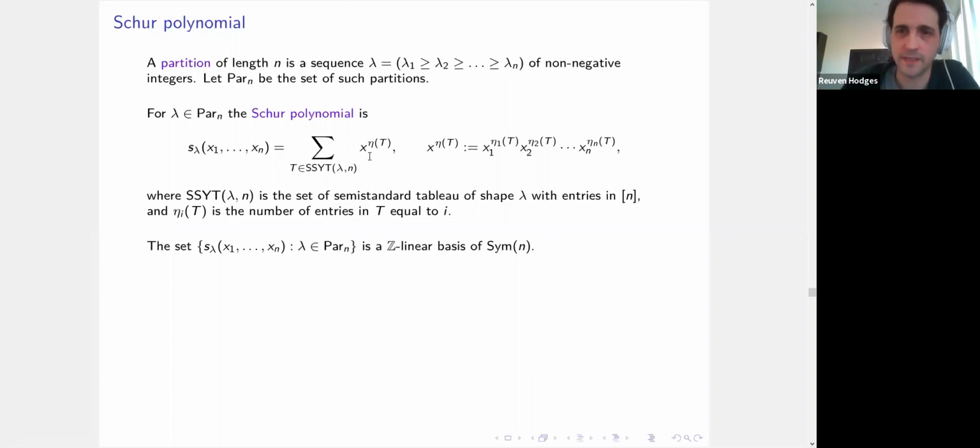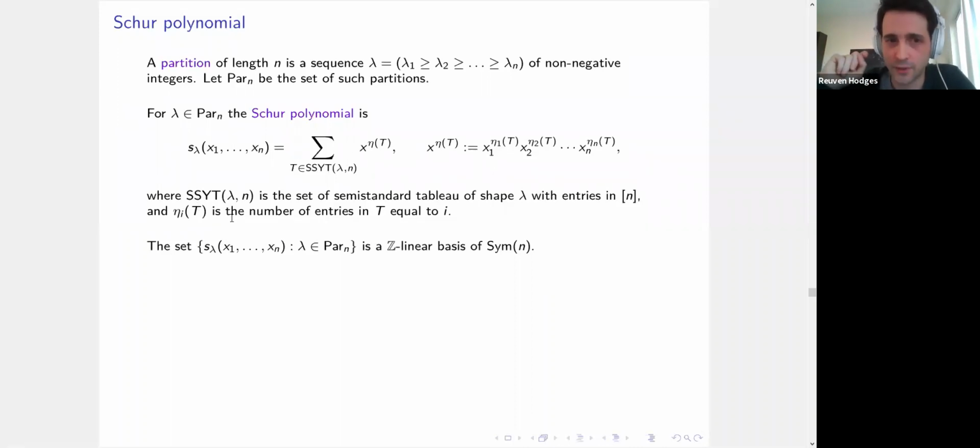We'll do an example in a second, but the idea is you get a bunch of monomials, each indexed by some semi-standard tableau of a particular shape. It's not immediately obvious from this definition, but these Schur polynomials are actually symmetric polynomials in the variables x1 through xn.